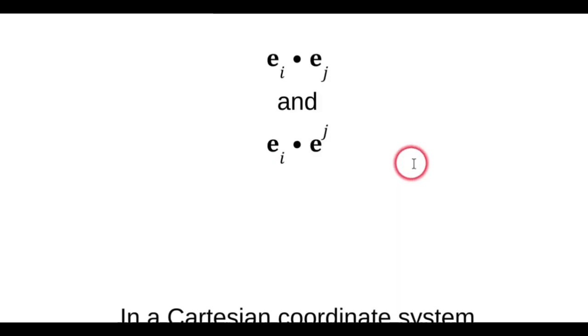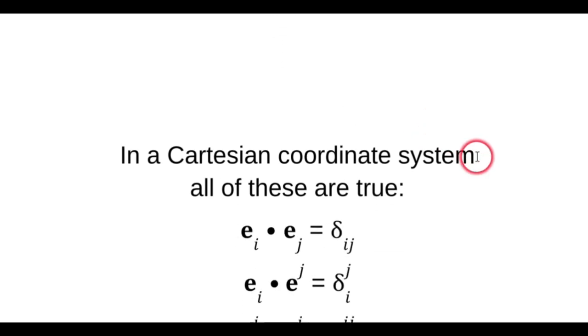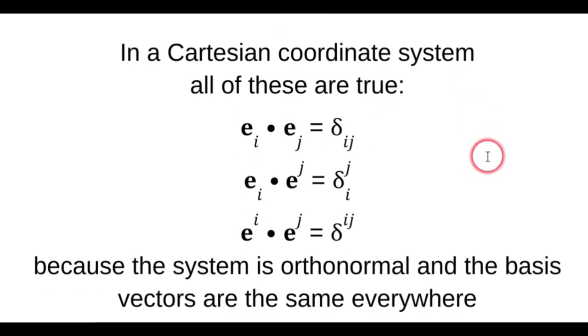I'm pretty sure the reason we keep getting confused over these things is because we're also used to working in Cartesian systems, where all of these are true because the system is orthonormal and the basis vectors are the same everywhere. They don't change anywhere in the space. So this inner product is the identity matrix, and this one is, and they're all the identity matrix.